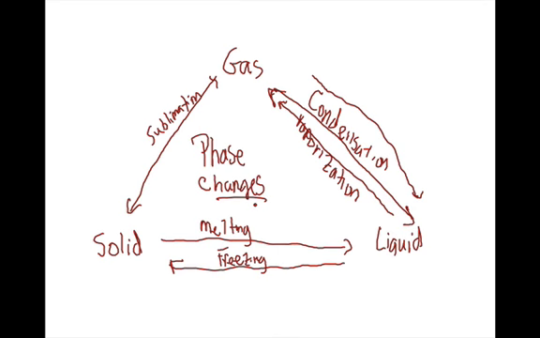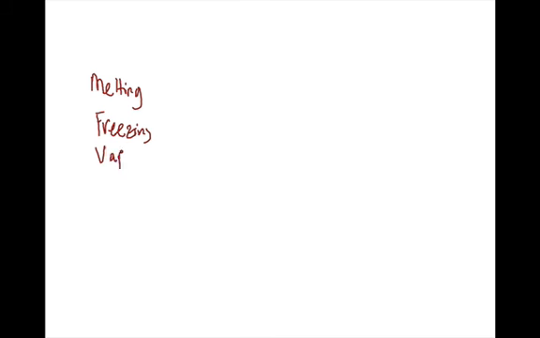Finally, the last thing I want to quickly do is give you a little chart to be able to remember all of this by. So we know that there are some different changes of state: melting, freezing, vaporization, condensation, and sublimation.